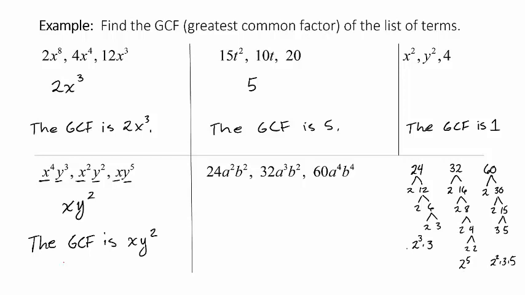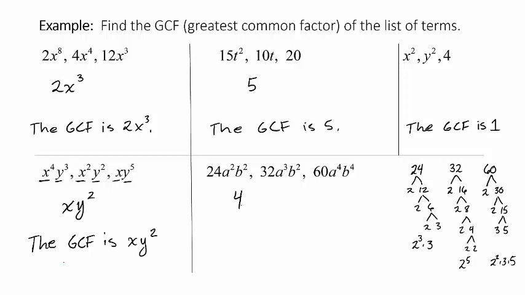And the lowest number of times it occurs in any one of these is in the last one, in 60, which is 2 squared, okay? So that's the 4 that we came up with last time, right? 24 and 60 have a factor of 3, but 32 does not, right? And then 60 has a factor of 5 as well. So 2 squared is all we've got. Okay, so we've got 4.